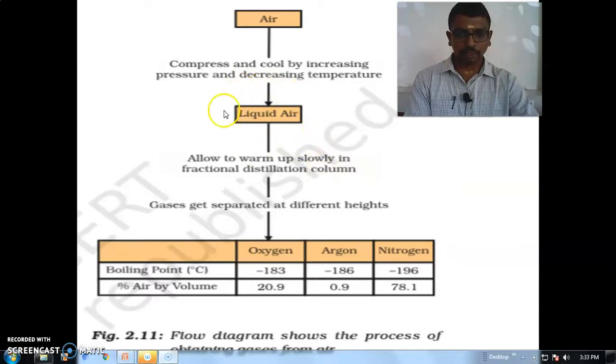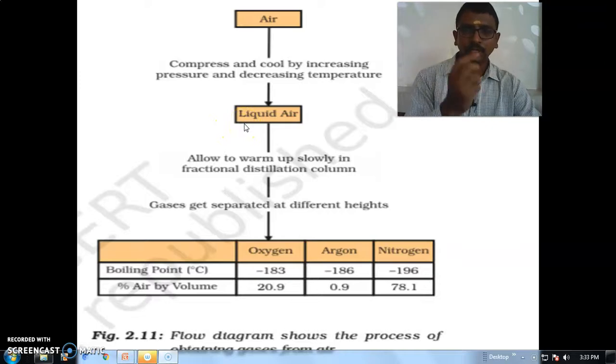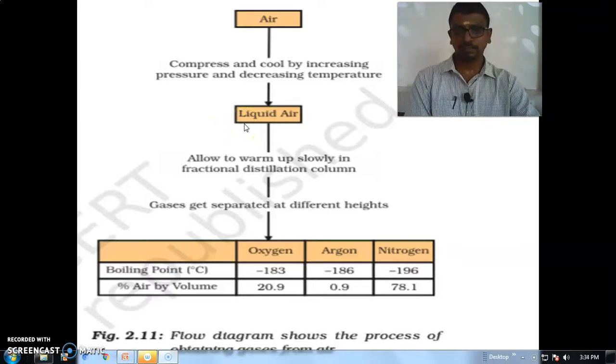That liquid air is transferred to the distillation column. We collect the liquid air in the distillation flask and fit the fractional distillation column and go for the process. At that time the gases get separated at different heights.